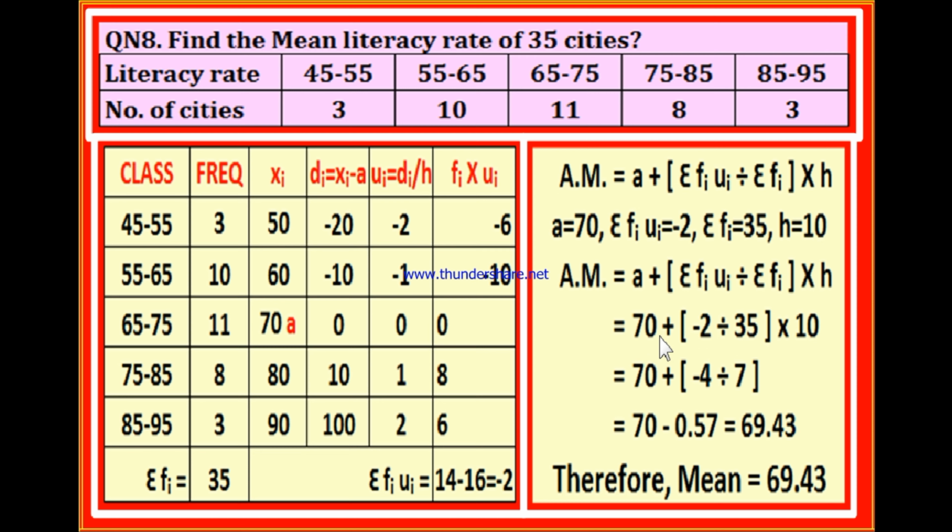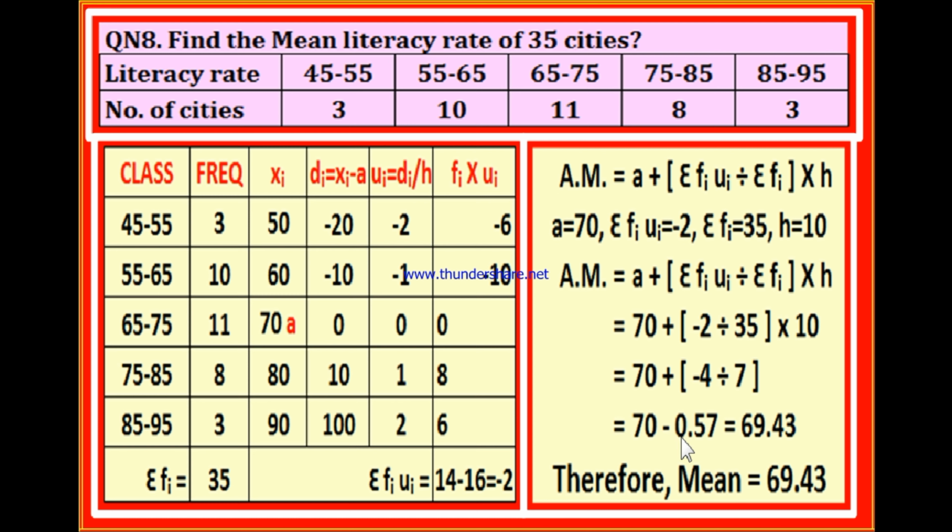This is 70 plus, if you observe, this is 35 and this is 10. 5 can divide 35 and also 5 can divide 10, isn't it? 5 in 10 is 2 times and 5 in 35 is 7 times. This 2 into minus 2 is minus 4, divided by 7. This is 70 plus minus 4 divided by 7.